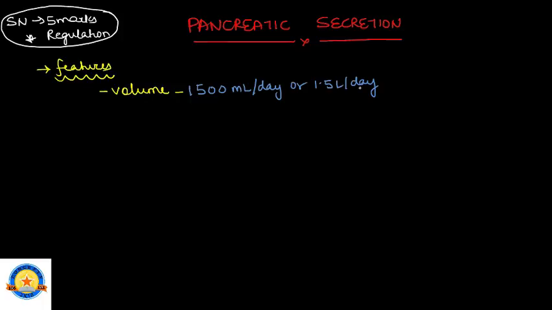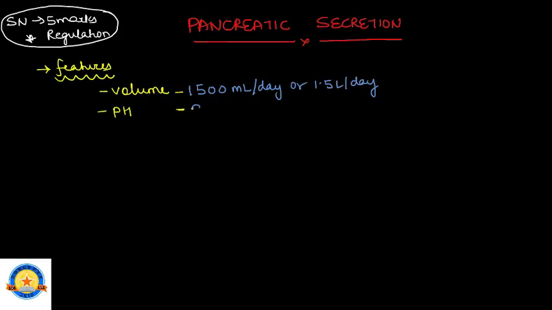Next topic. What is the pH? This pancreatic secretion is the most alkaline GI secretion. So what will be the pH? The pH is 8.